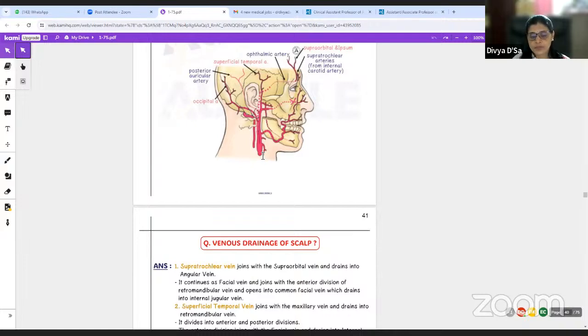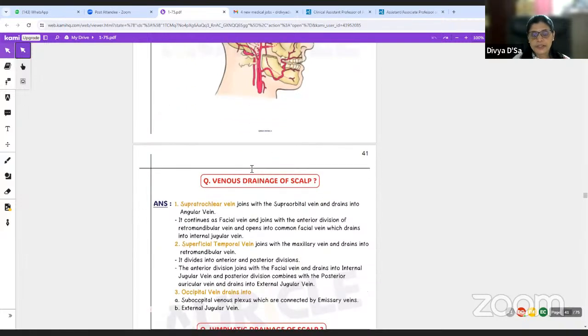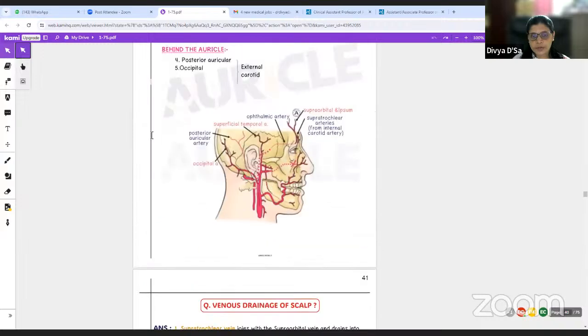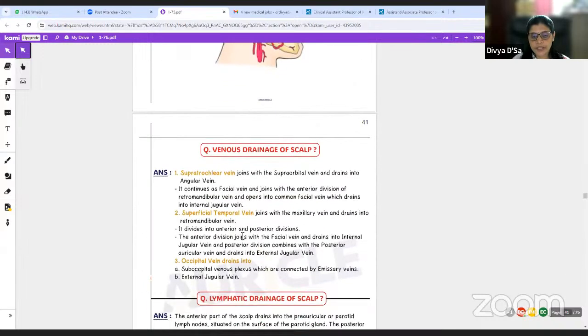This common facial vein will open into the internal jugular vein. The superficial temporal vein, from behind, will join the maxillary vein. So this is from the anterior quadrant, whereas the posterior quadrant part, the superficial temporal vein, joins with the maxillary vein.